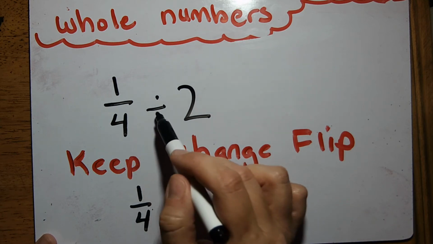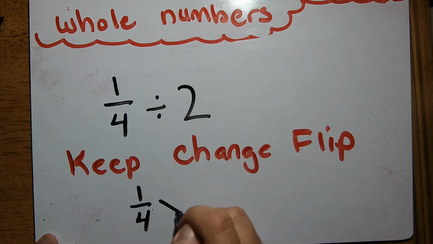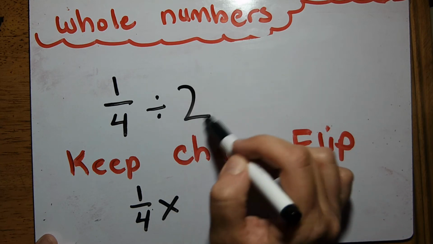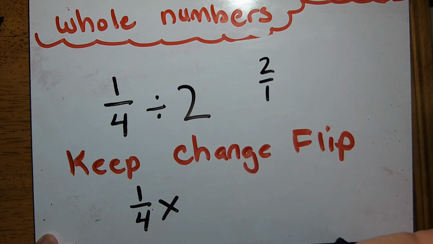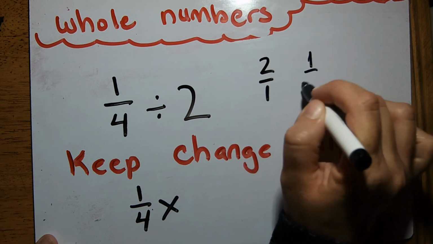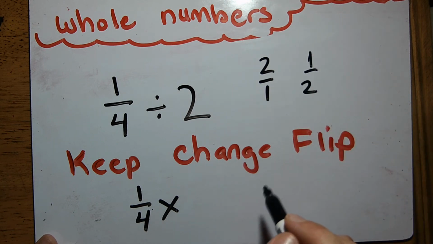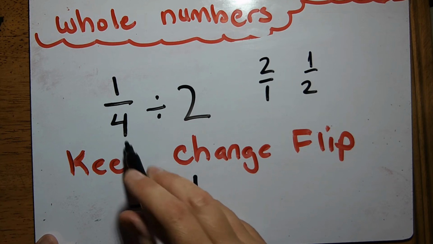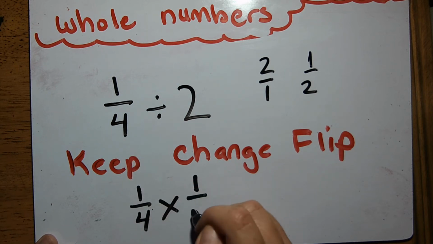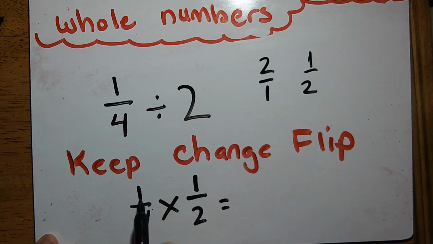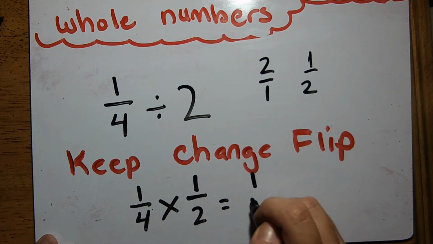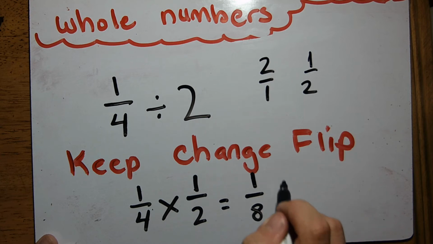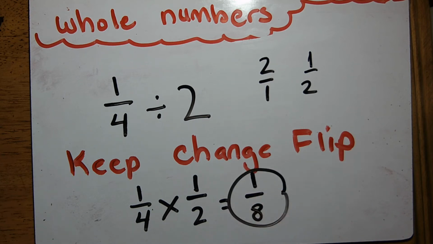I'm going to change my division sign to multiplication, and I'm going to flip my whole number, which is 2/1, to 1/2. That's my reciprocal. So then I'm going to multiply 1/4 times 1/2, and that's going to give me 1 times 1 is 1, and 4 times 2 is 8. So my answer is 1/8.